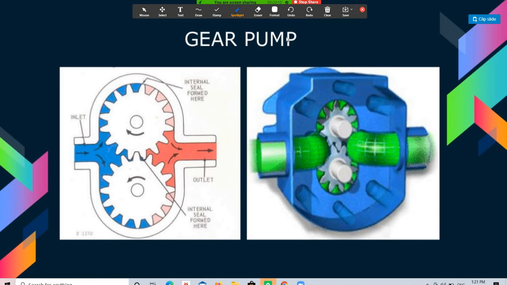And in the case of the variable flow pump, the volume of the oil can be changed even at the same speed. These pumps supply oil only when it is needed. When the piston of the cylinder reaches the dead end or the spool valve is put to neutral, the pump stops delivering further oil.